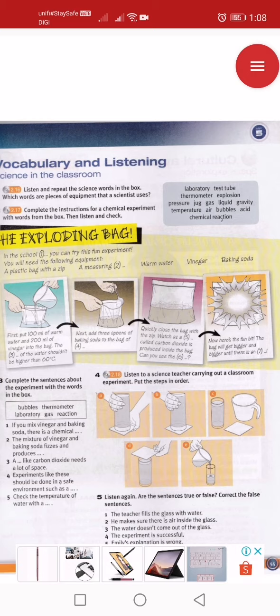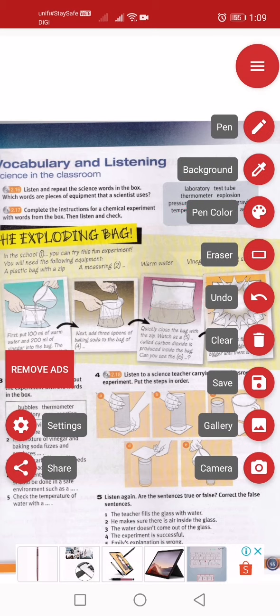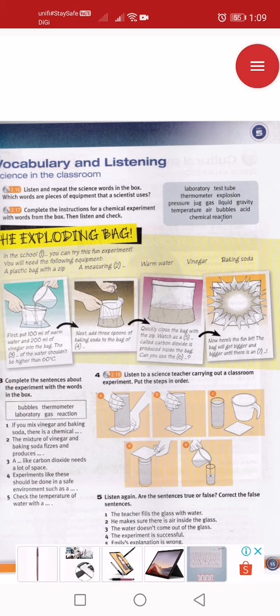Tutup itu bag ini. Watch as a, okay, ini nampak ke benda ini? Actually a chemical reaction tengah berlaku. Inilah dipanggilkan tindak balas kimia. What I say reaksi bahan kimia. I never learn science in BM, so agak-agak lah kelas.